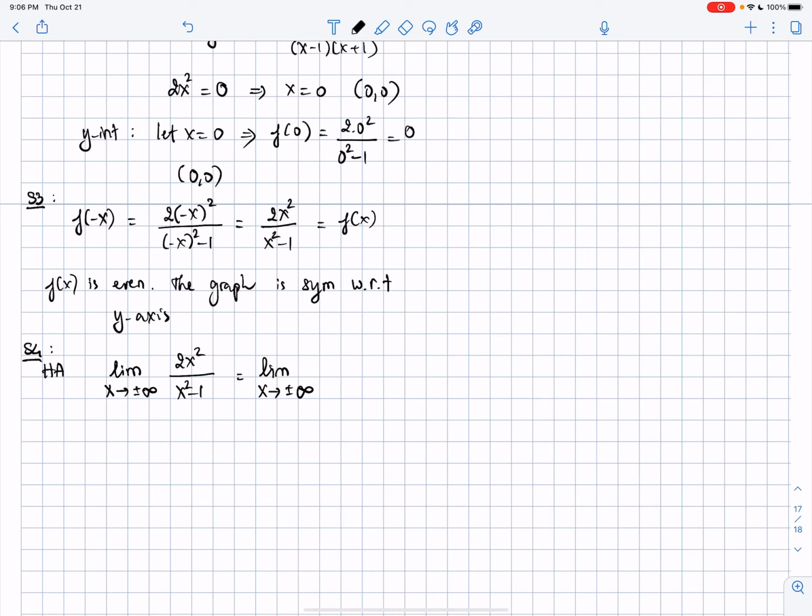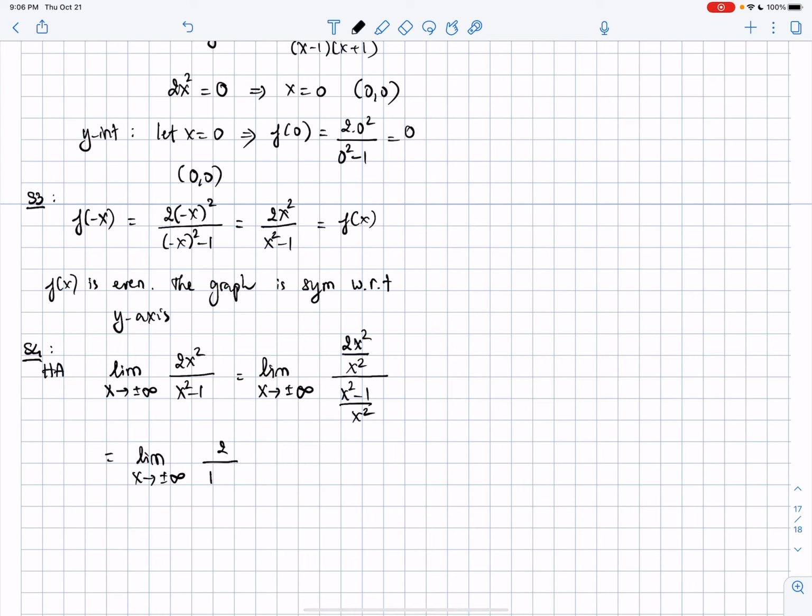So we learned in section 3.4, we divide both top and bottom by x squared. Then we get 2 on the top.